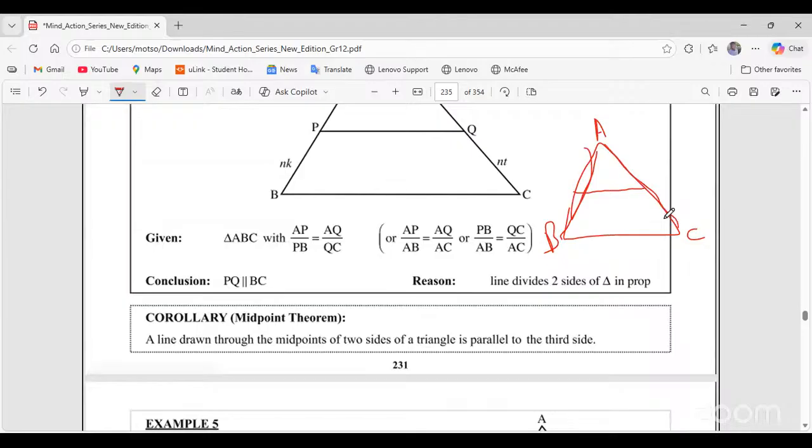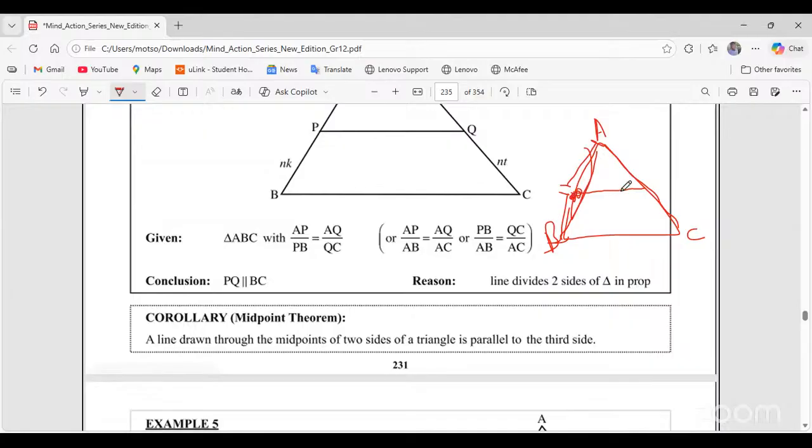Do you guys still remember what I said bisect means? If I say this line bisects AB, I mean that now AB will be cut into two equal parts. Therefore, this part will be equal to that part, and this point right here will be the midpoint of AB.